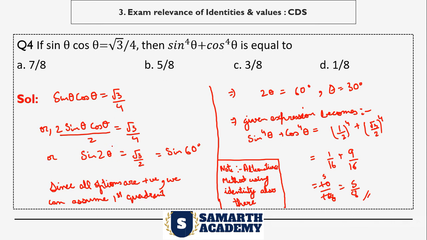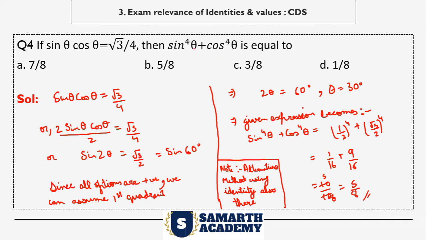What is the formula for the combined angle? Sine 2 theta is equal to 2 sine theta cos theta, right? So we take another 2 here and cut it off, and the value becomes this. At this time sine 2 theta value is root 3 by 2, which means 2 theta is equal to 60 and theta is equal to 30.